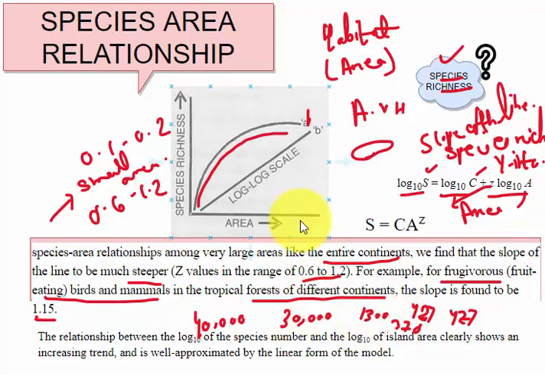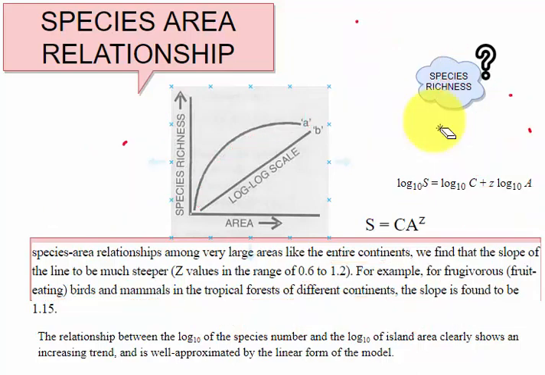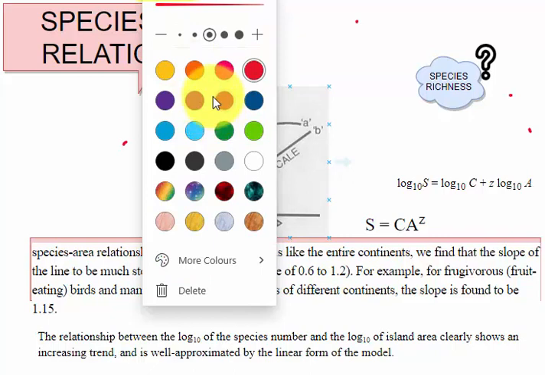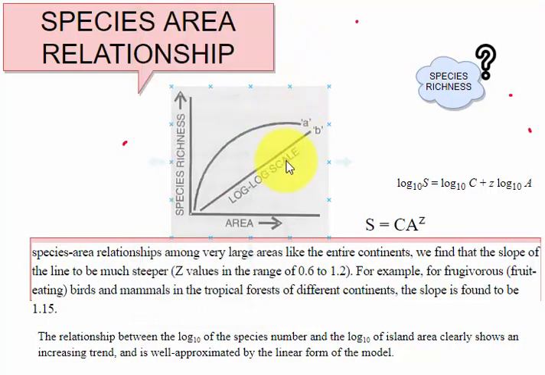Okay, in the log scale, the graph looks like a straight line. You can see the log scale is a straight line, right? And the power function is represented as S = C A^Z.